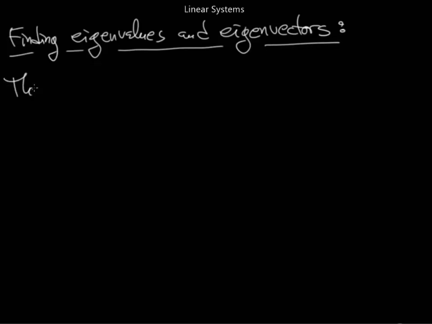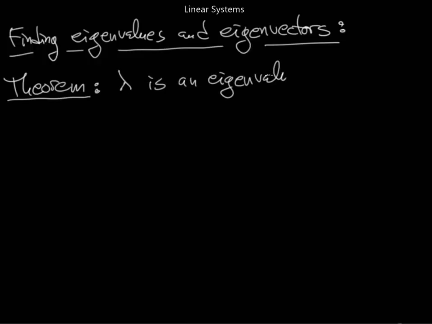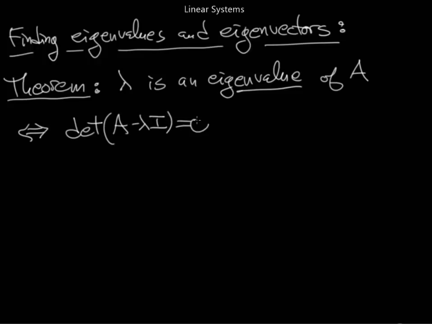Well, let's see. Here's the key result about this. Suppose I have an n by n matrix A. Then a number lambda is an eigenvalue of it exactly when the determinant of A minus lambda times the identity is 0.